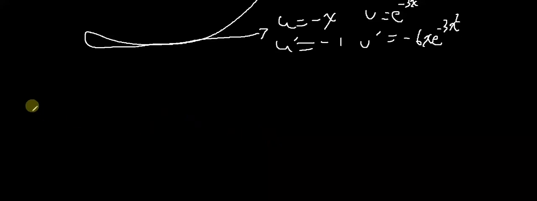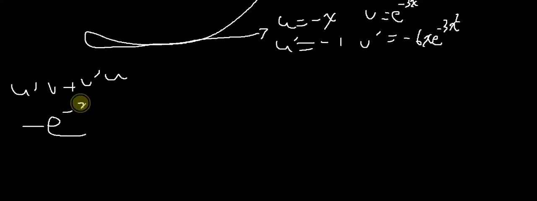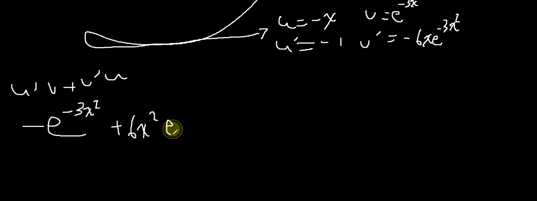So now we write u prime v plus v prime u. This equals minus e to the minus 3x squared, and then the minus goes with the plus, so plus 6x squared e to the minus 3x squared.